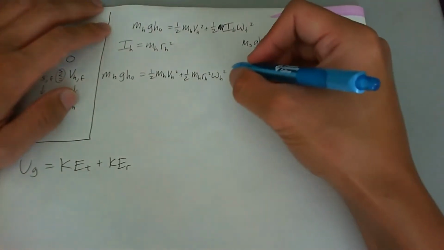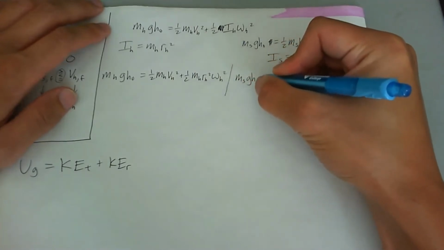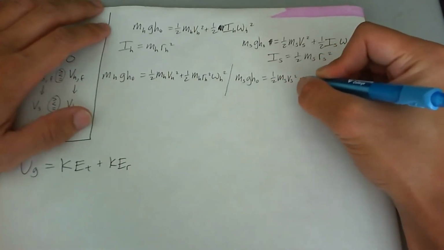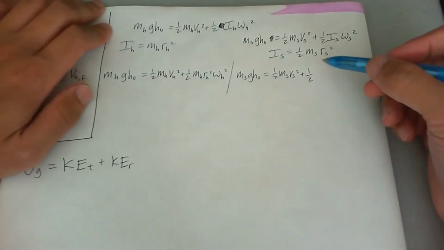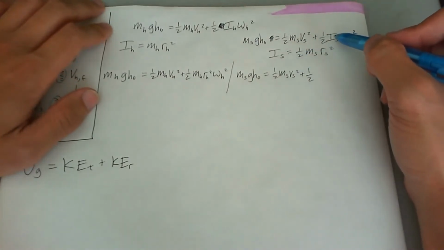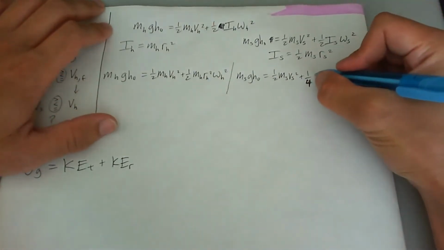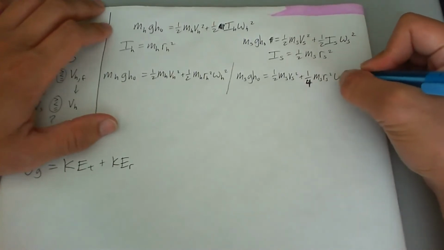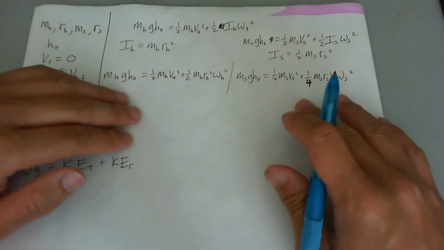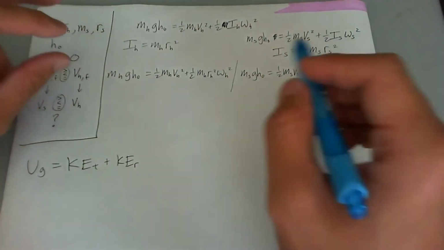Now for the solid cylinder, mgh is 1/2 mv squared plus 1/2. I'm going to consolidate this right off the bat. It's going to be 1/2 times 1/2 mr squared, so I'll just say 1/4 mr squared and then omega squared. Great, this is the longest we'll get it. Let's start canceling a few things out. Actually, let's do one more step.